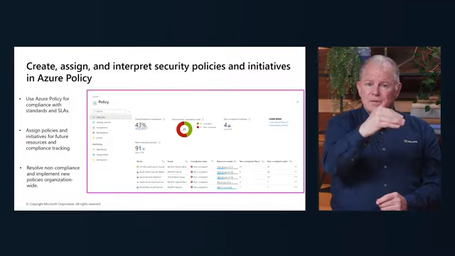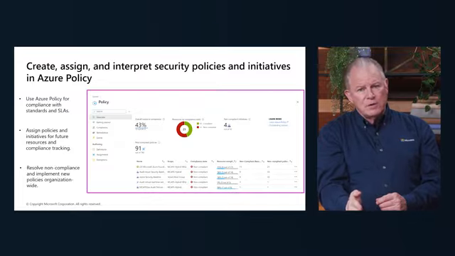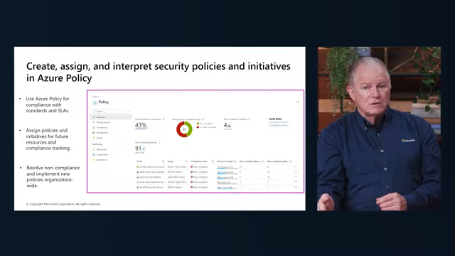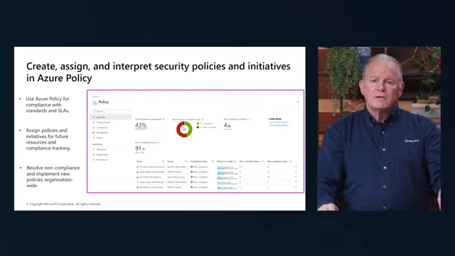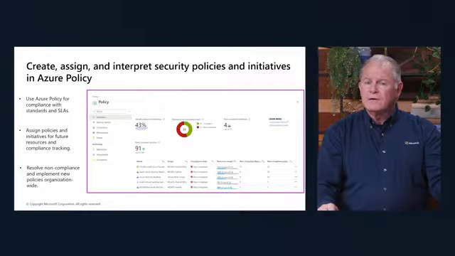If you assign it at the subscription level, you can say that if this subscription is used to produce production resources, I could have an initiative that defines how those objects are going to be created in production versus how those objects might be created differently in dev or test.